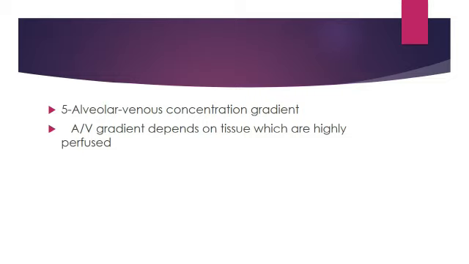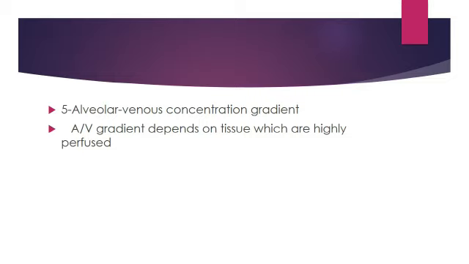Understand? That is, the larger this alveolar venous concentration gradient, the more slowly the induction process will occur. During the induction phase of anesthesia, the tissues which maximally exert their effect on this factor are the highly perfused tissues, like brain, heart, liver, and kidneys. So, when the agent is administered and goes into these tissues, the venous blood now returning to the lung contains very little anesthetic agent, this alveolar venous difference increases, and the induction is slowed.